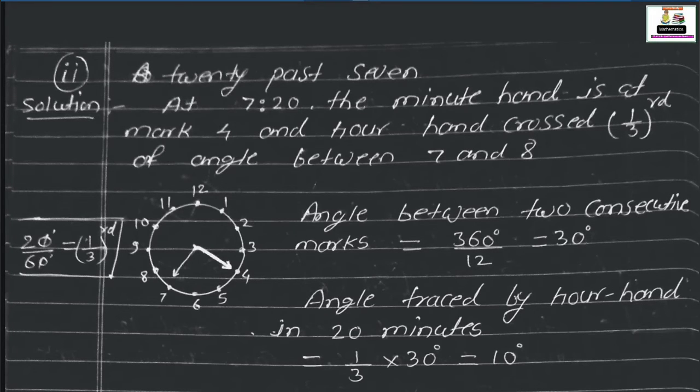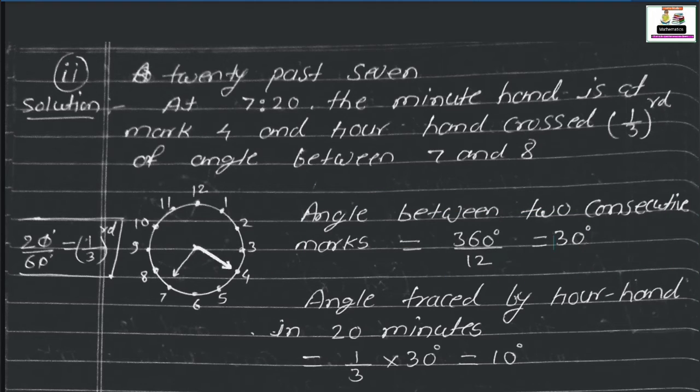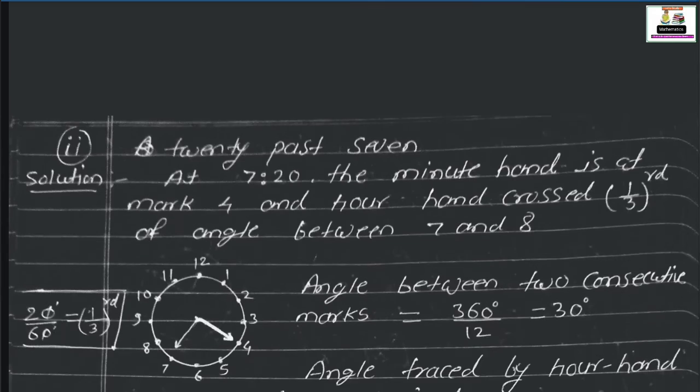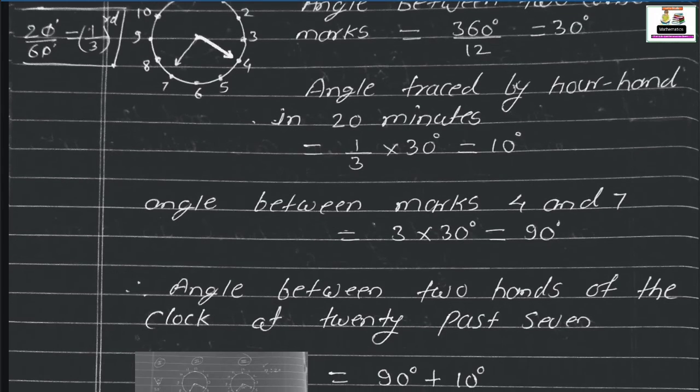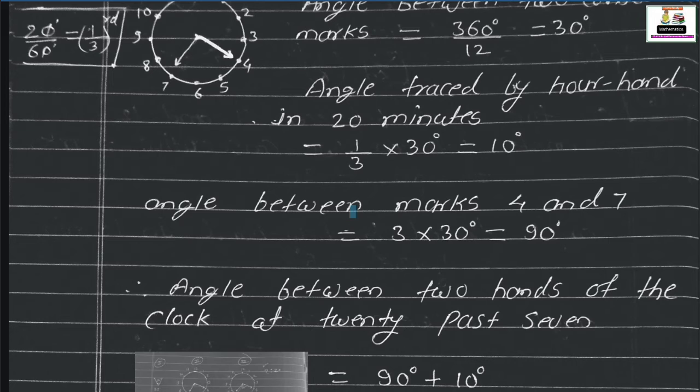Now the angle between two consecutive marks is 360 upon 12, which is 30. Now find the angle traced by the hour hand in 20 minutes. Here 1/3 multiplied by 30, then we get 10 degrees. Again, the angle between mark 4 and 7 is 3 into 30, we get 90 degrees. These are 3 parts, 1, 2, 3, here this is 90 degrees.